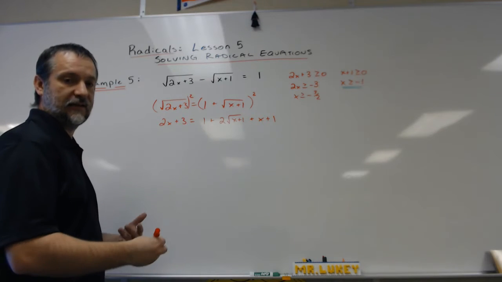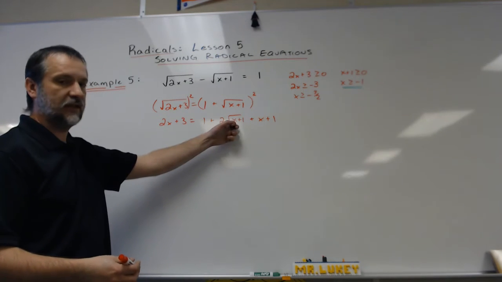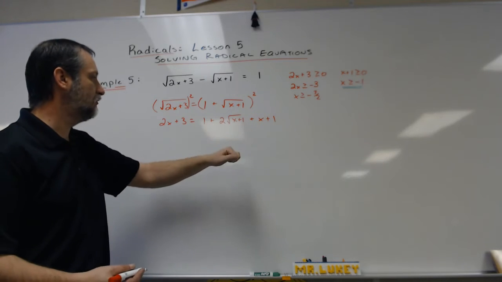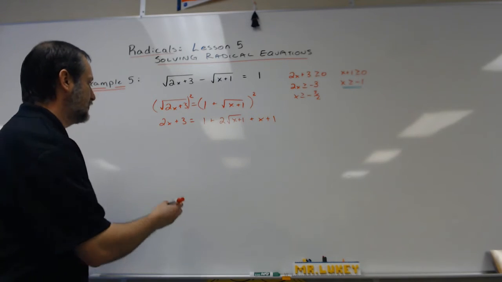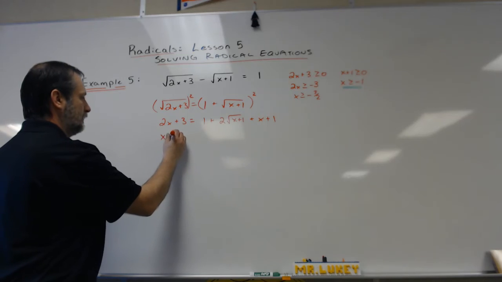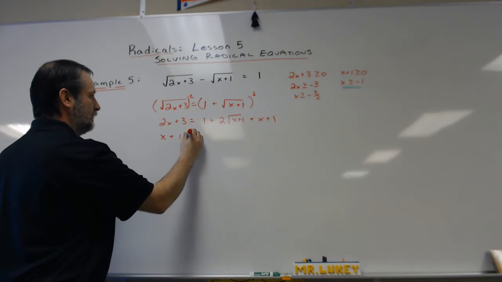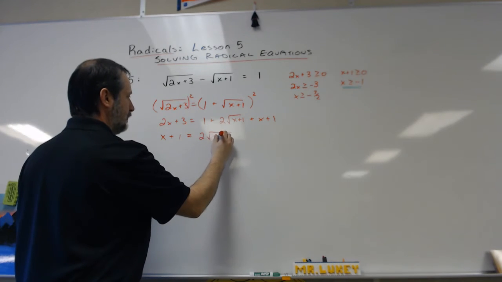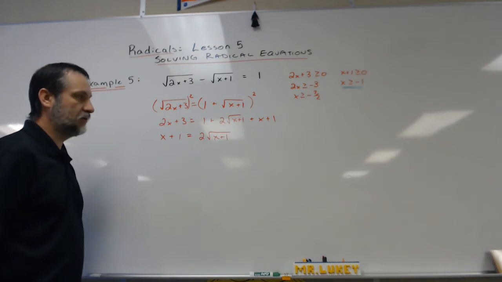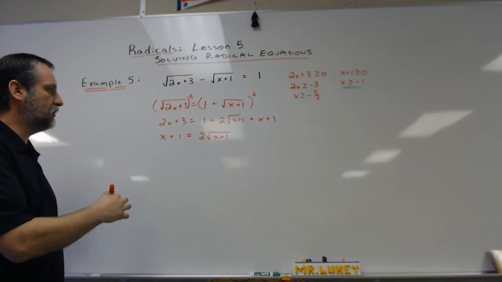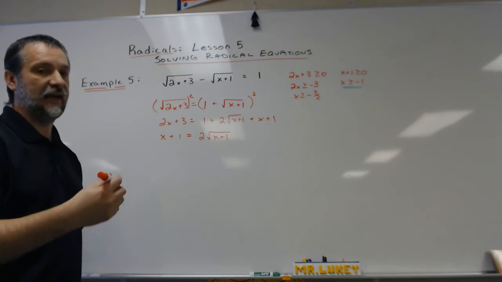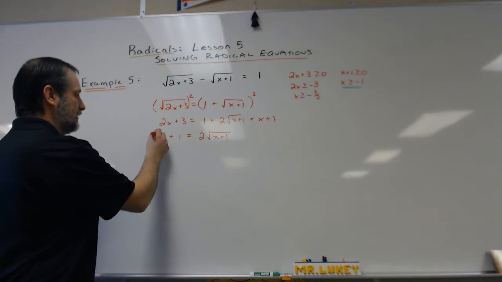Now I can again isolate this radical to get it all alone. Let's subtract 1, subtract 2 from both sides, subtract an x from both sides. So now I will have x plus 1 is going to be equal to 2 times the square root of x plus 1. And again, I can go back to squaring both sides.